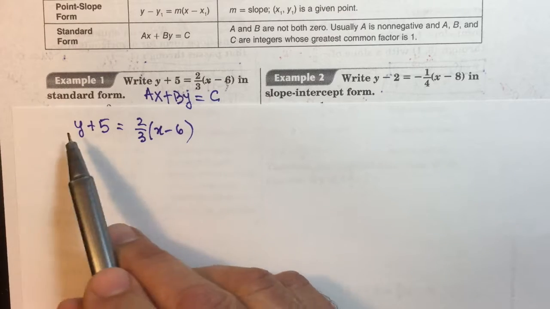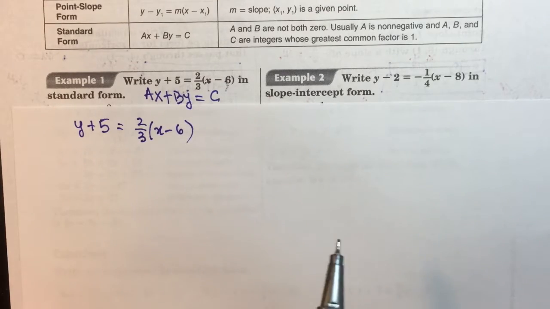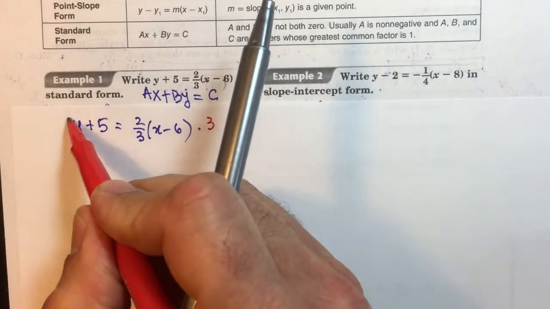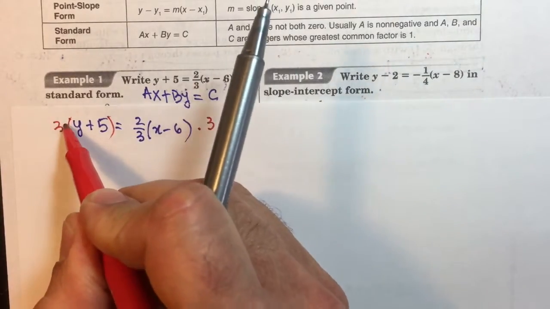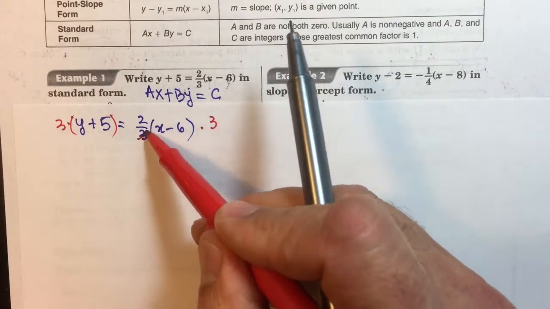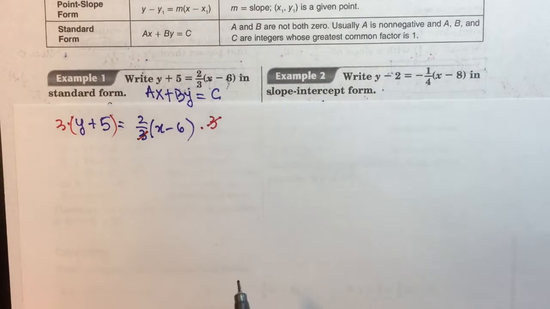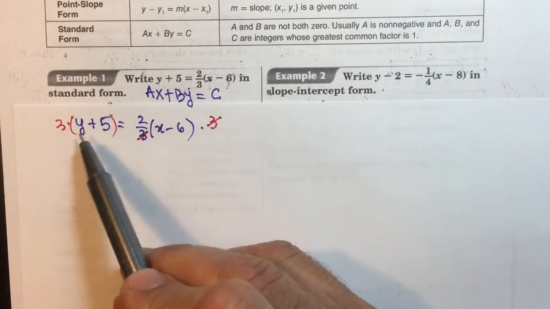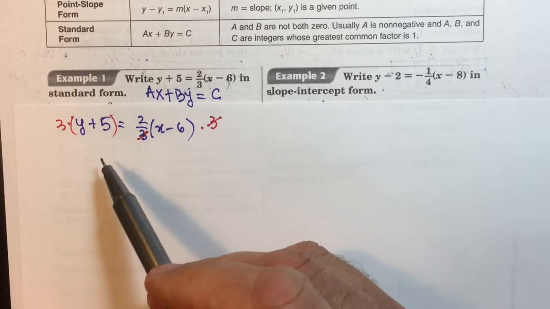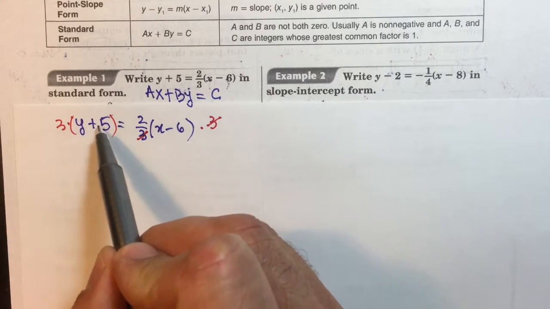We have to multiply both sides by 3 so we can get rid of this 3. I'm going to multiply by 3. I'm going to multiply this 2 times 3. So now we can eliminate the 3 with the 3, and we have 3 times this parenthesis and 2 times this parenthesis. Remember, we need to do the distributive property when we have a parenthesis.